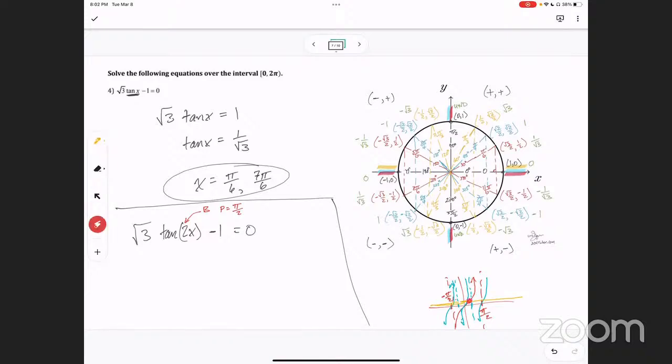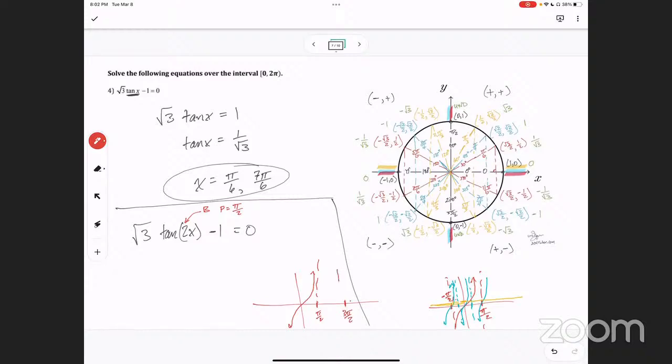See the red graph? But look at where they wanted me to find answers, between 0 and 2 pi, right? So between 0 and 2 pi really is this. My original function was like this. There's pi over 2. And let's see, I want to go another pi, would be 3 pi over 2.